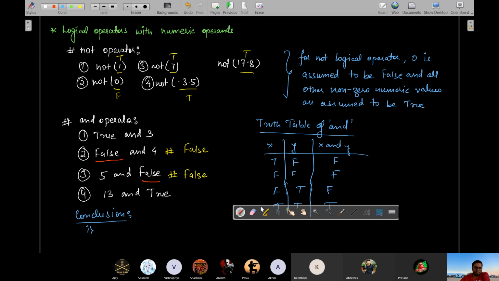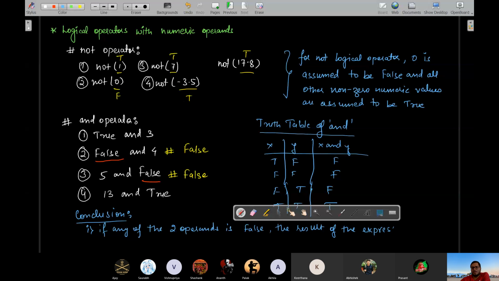If any of the two operands is false, the result of the expression will be false. Okay?